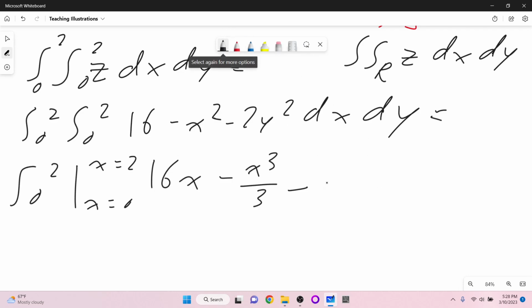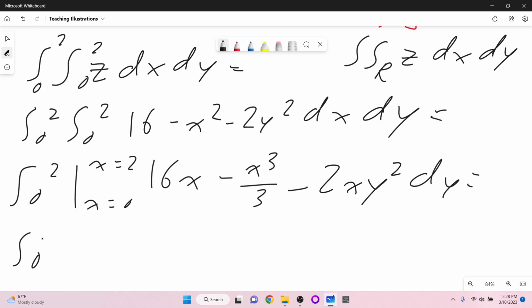See, I was about to do some other thing because of the y there, but x is the variable right now. So since there's no x in it, we just multiply by x. And now we replace all the x's with 2 or 0 and subtract. Everything's got an x, so the 0 part will disappear, so it'll become 32 minus 8 over 3 minus 4y squared dy.